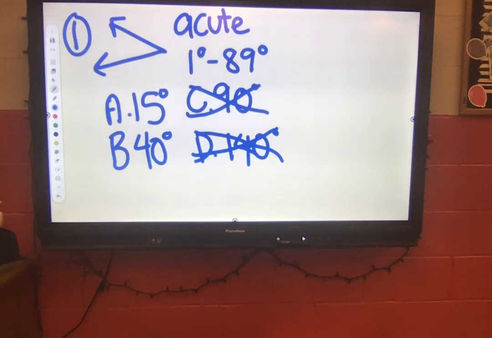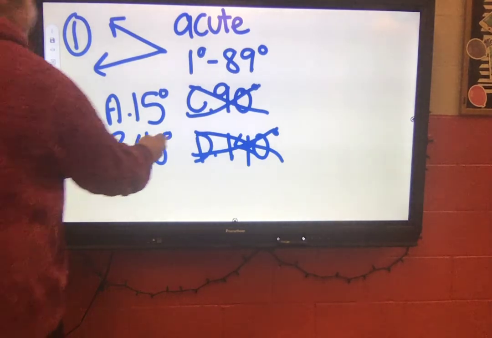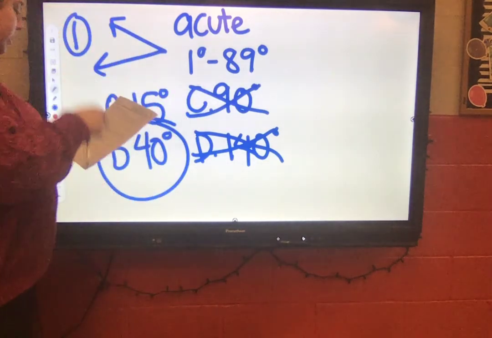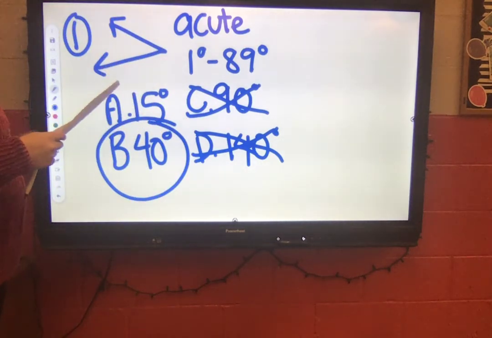Which one should we have circled? B. We should have B circled. It's closer to 40 degrees. 15 would be very small. So 1, we should have B.